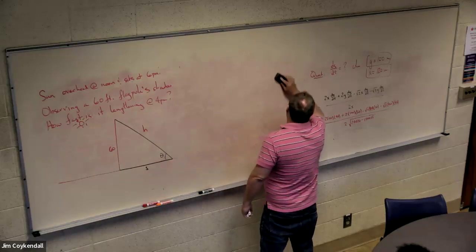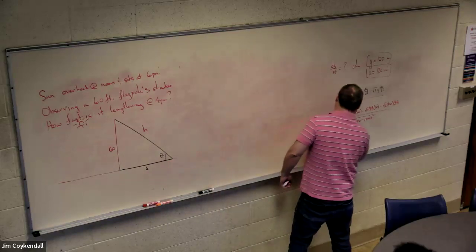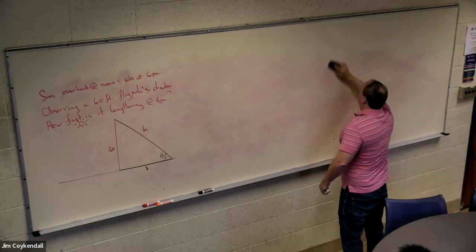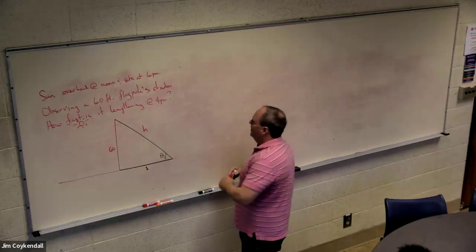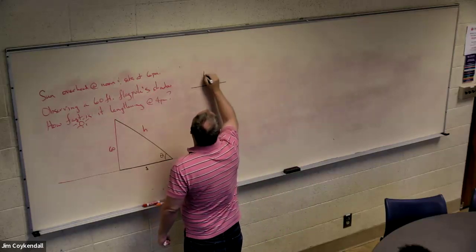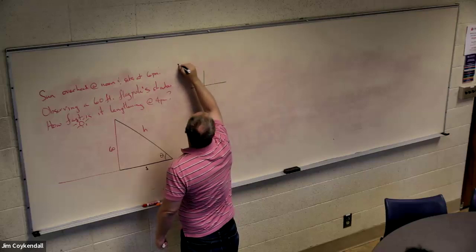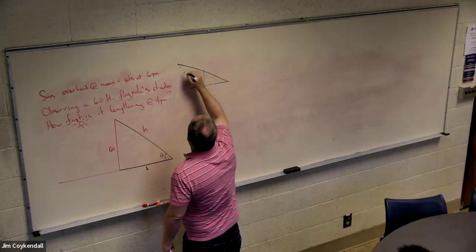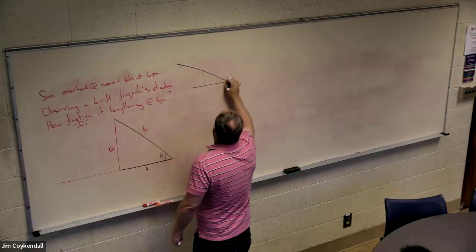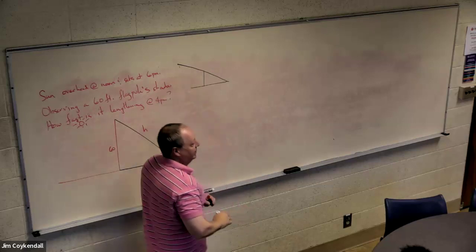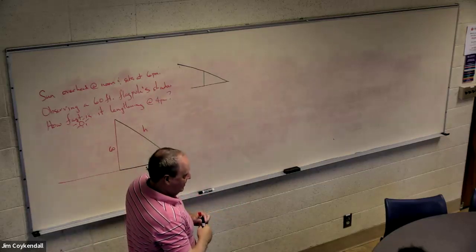What's the sun information telling us? Let me draw another diagram here. The angle the shadow makes should be exactly the angle the sun is above the horizon.